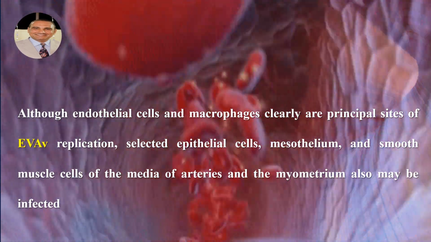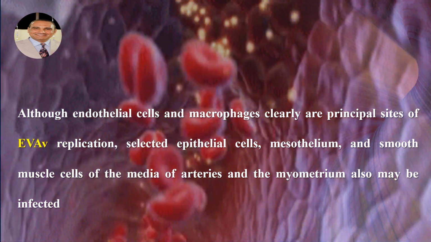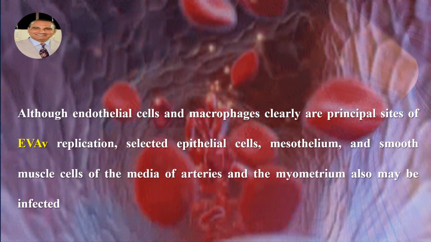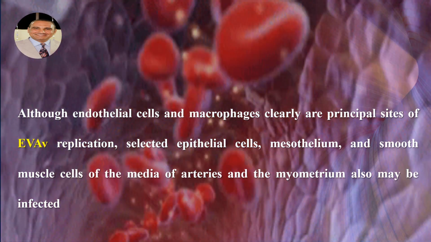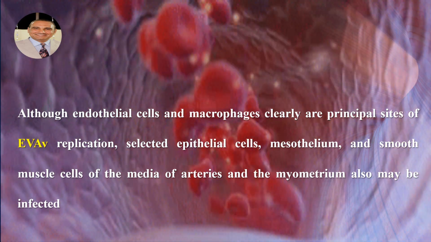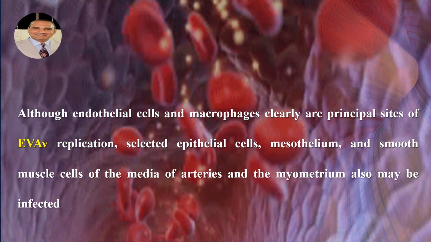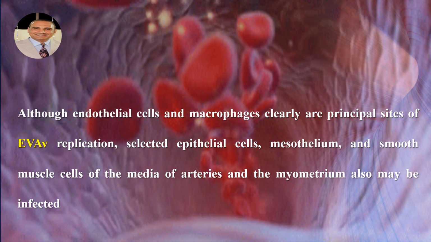Although endothelial cells and macrophages clearly are principal sites of equine viral arteritis virus replication, selected epithelial cells, mesothelium, and smooth muscle cells of the media of the arteries and the myometrium also may be infected.